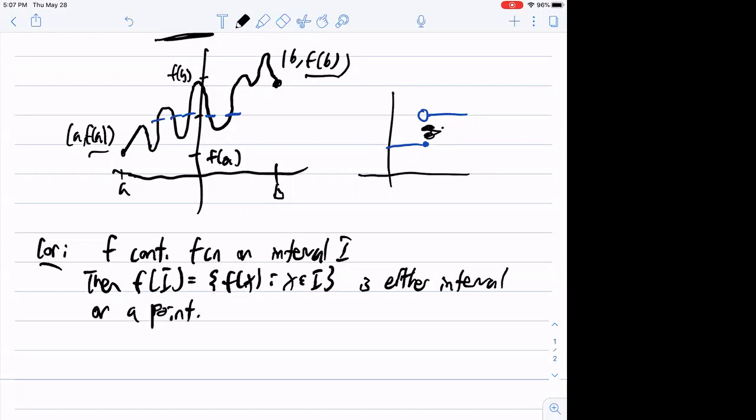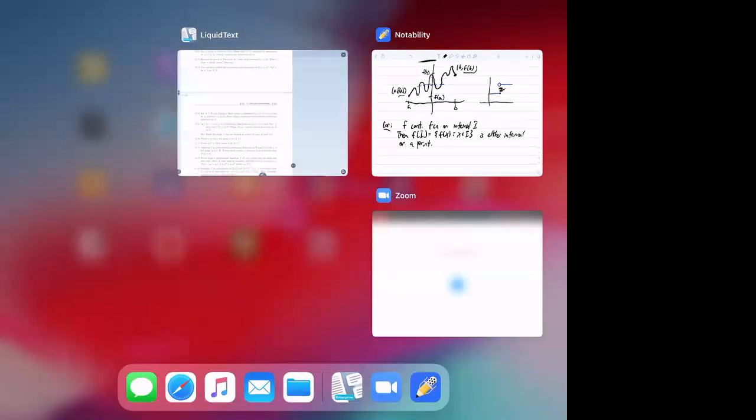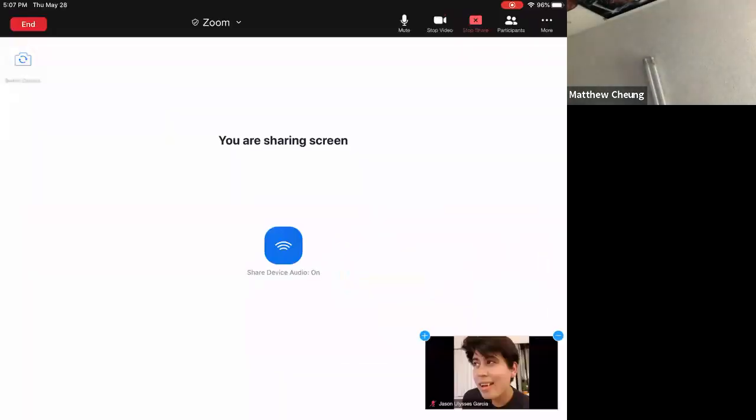So that's one nice thing: continuous functions take intervals to intervals, or to a point. When does a continuous function take an interval to a point? What functions do that? Anyone?